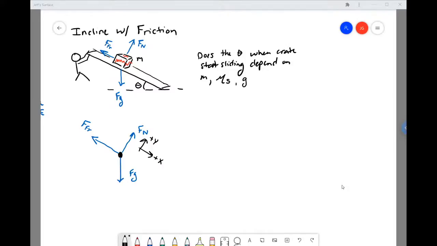And what else we found last time is that if we extend the y-axis down through the normal force, the angle right here that axis makes with the force of gravity is equal to theta, the incline. All right.